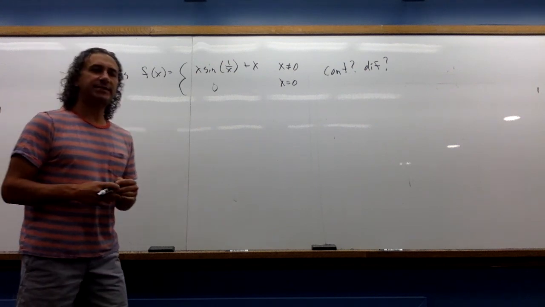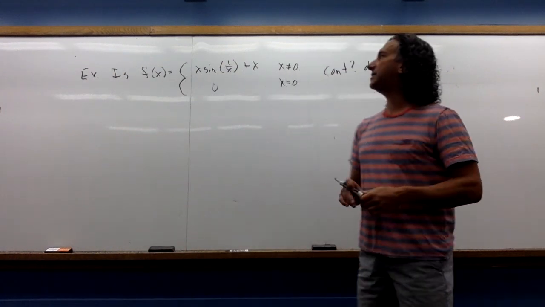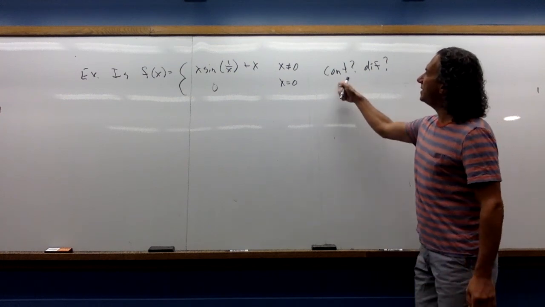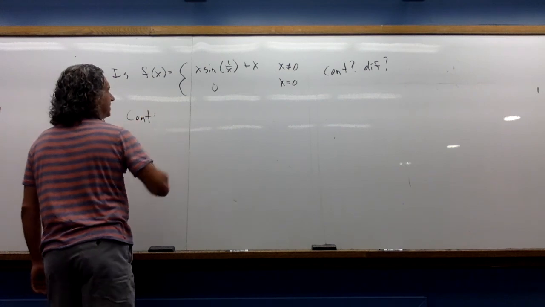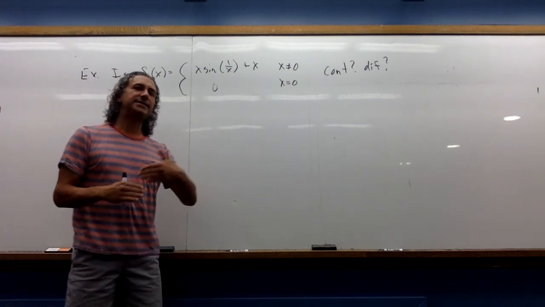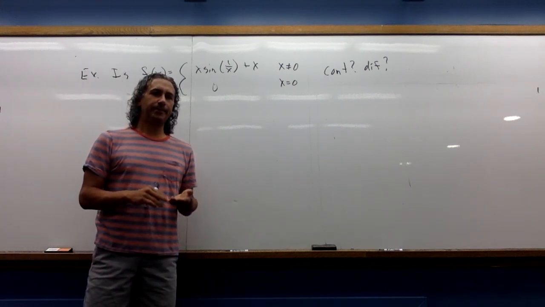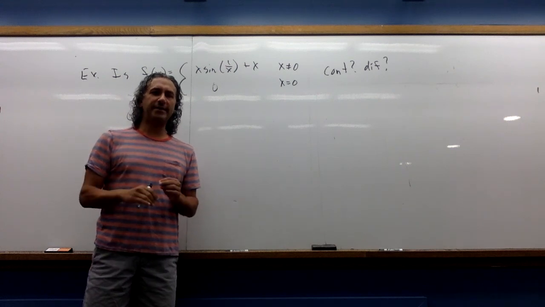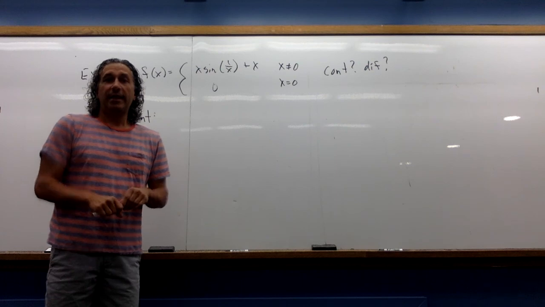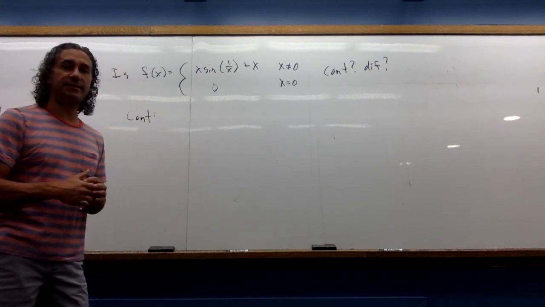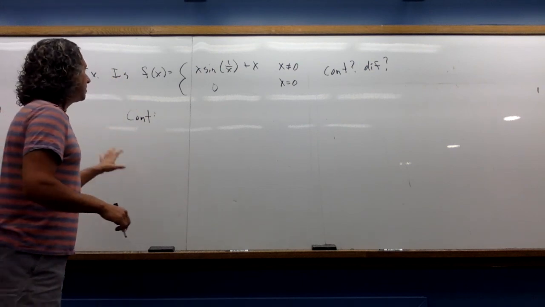So we want to find if it's continuous and whether it is differentiable. Well, I'm going to do the continuous first because if it's not continuous, that means it's not differentiable. Remember those two inner circles. If it's not continuous, it's not differentiable, and I don't have to do any work for the differentiable piece. If it is continuous, then I'll have to check out the differentiable piece. So continuous.